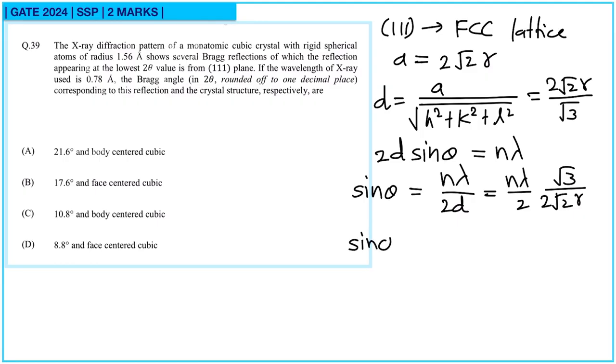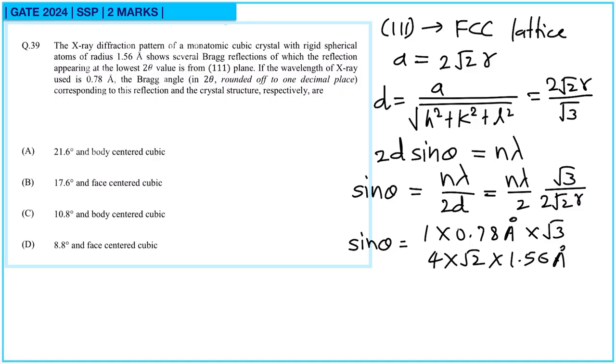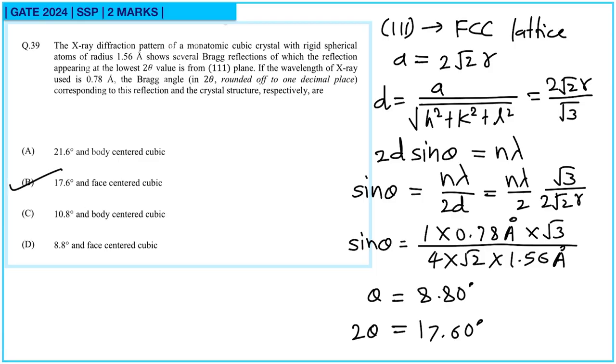So sin theta is equal to, n is 1, lambda is given 0.78 angstrom, into root 3 upon 2 into 2, that is 4 into root 2 into R, which is 1.56 angstrom, and theta comes out to be 8.80 degree. So that means 2 theta is equal to 17.60 degree. So it is FCC, face centered cubic, with 2 theta value equal to 17.6. So option B is correct.